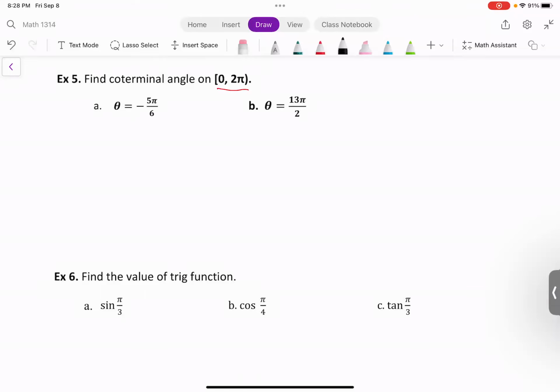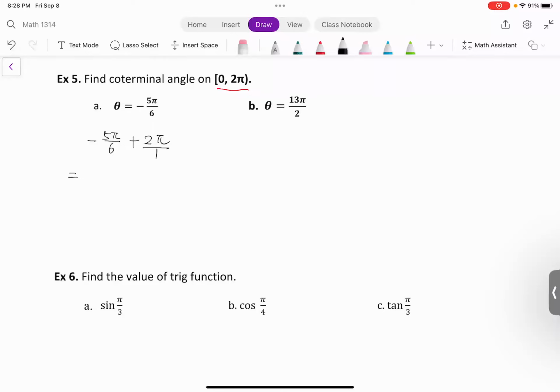So how about my theta, negative 5 pi over 6, plus 1 full rotation, 2 pi. Okay, I'm adding a fraction and an integer. I need to convert both of them to be fractions, and the bottoms have the same denominator, or same bottom.